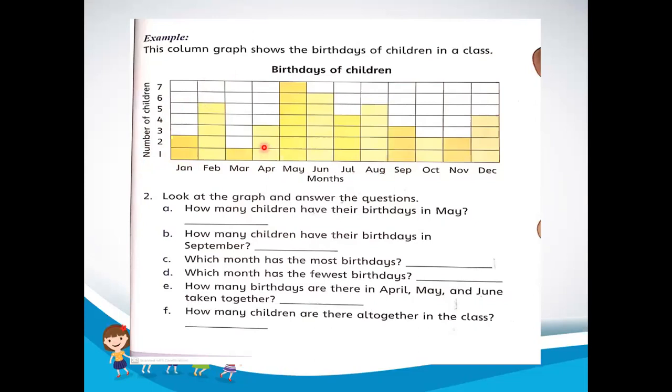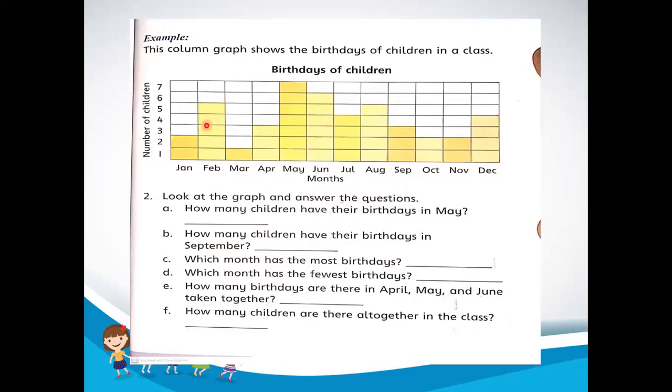In April, 3 students. In May, 7. In June, 6 students. In July, 4 students. You can count the blocks here: 1, 2, 3, 4.